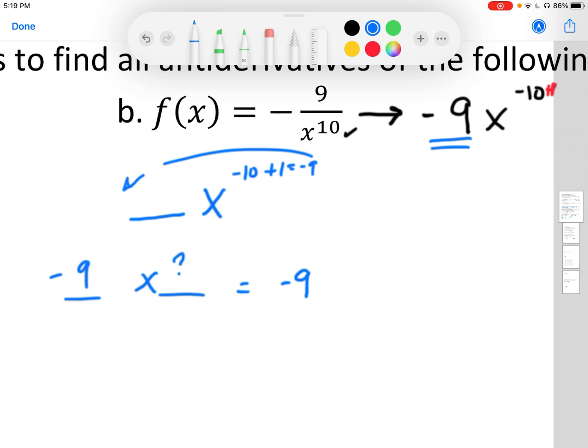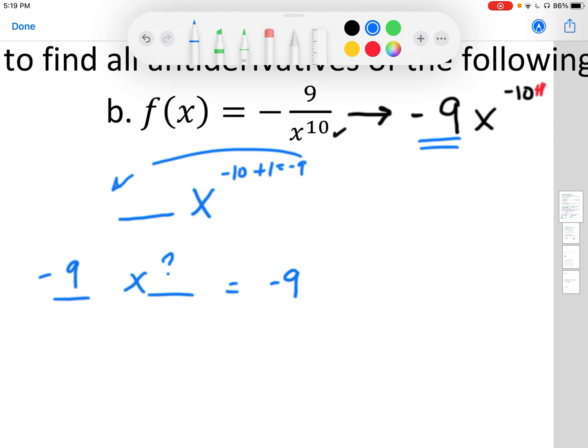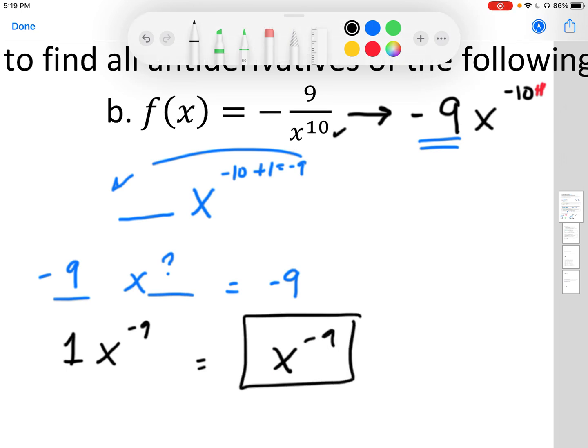So what is this number? We get 1, right? So we have 1 times x raised to the negative 10 plus 1, we get negative 9, which is just x to the negative 9. And I know that right now it might feel really weird, but I promise you with practice, it will feel second nature.